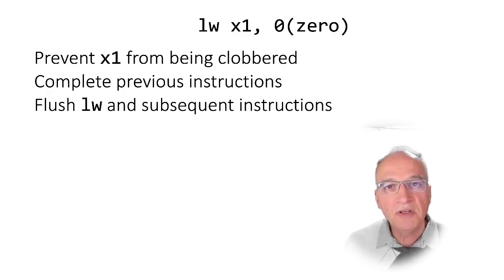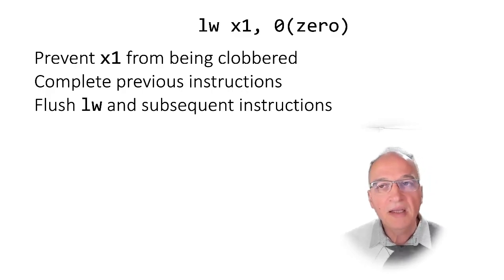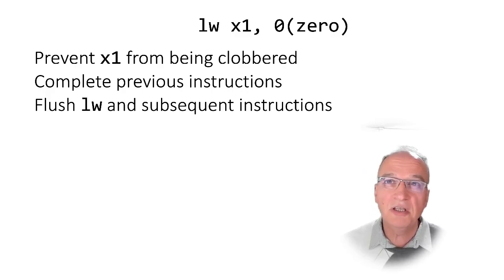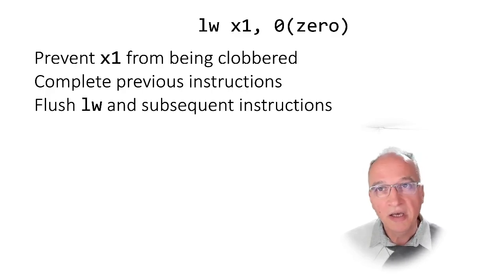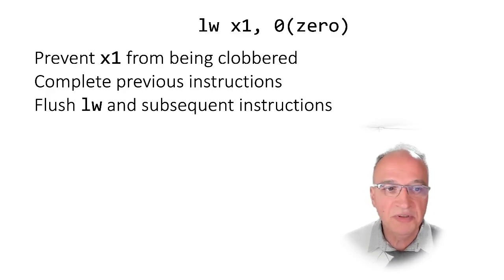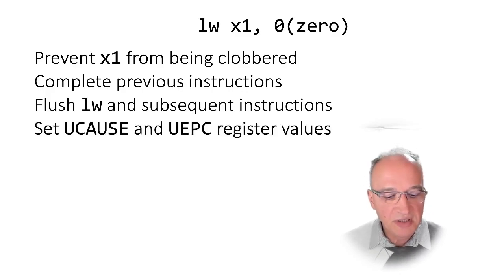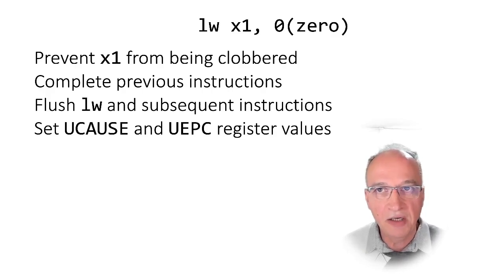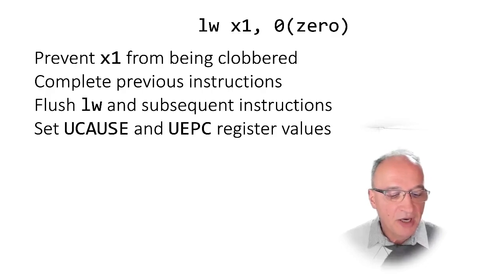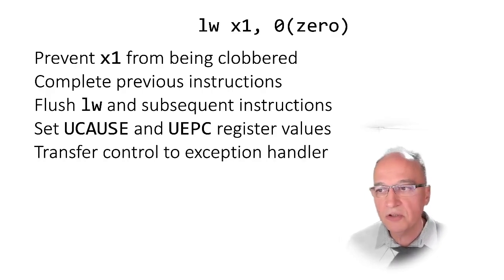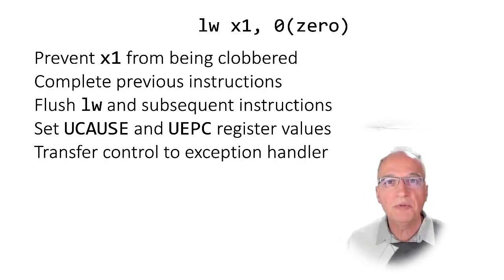You also want to flush all the instructions that come after the load word in the sequence of instructions in your assembly program. After you have completed the instructions that came before the load word, and you have flushed the load word and all subsequent instructions, you set the ucause and UPC register values to the correct values, and then transfer the control of the execution to the exception handler.